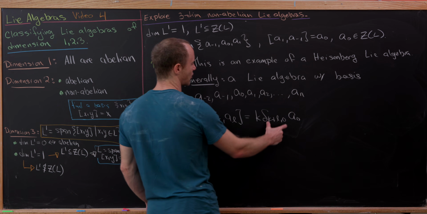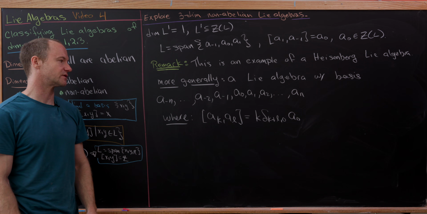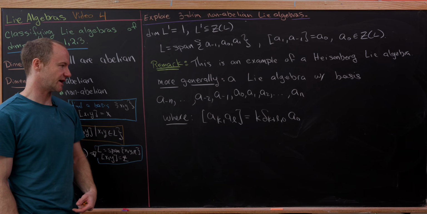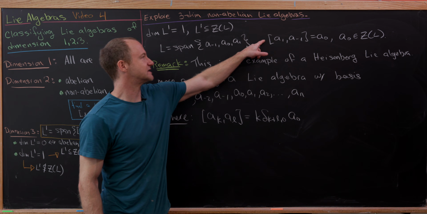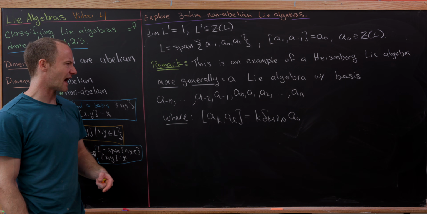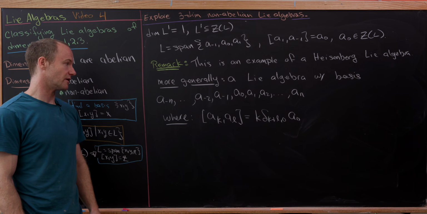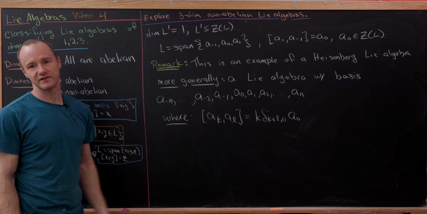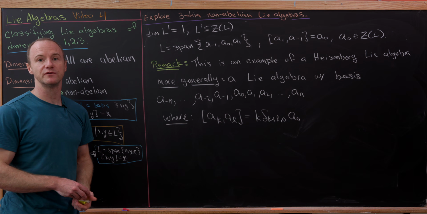And so this is the Kronecker delta. So in other words, that's equal to 1 if k plus l is equal to 0 and 0 otherwise. So notice that this just replicates these bracket relations up here where we only have a1, a-1, and a0. But more generally, we could have this here. Okay, so now that we've made this remark, let's move on to the next case.